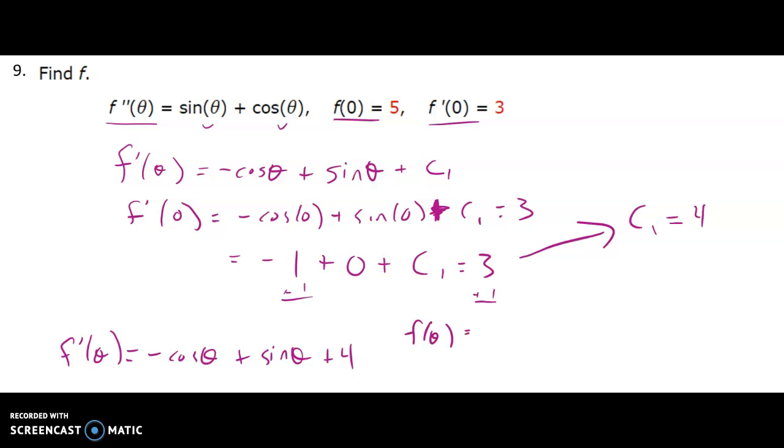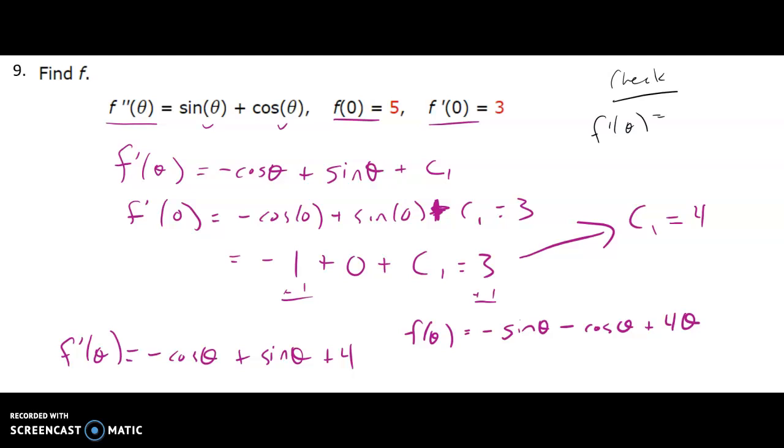F of theta equals negative sine theta minus cosine theta plus 4 times theta. A little tricky with the sign, so what I do is just take the derivative of this to check.